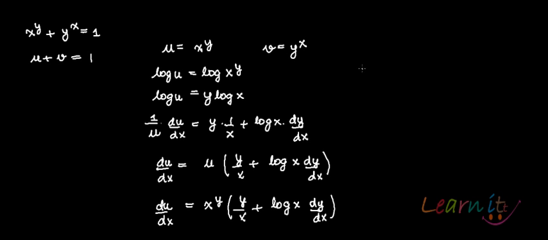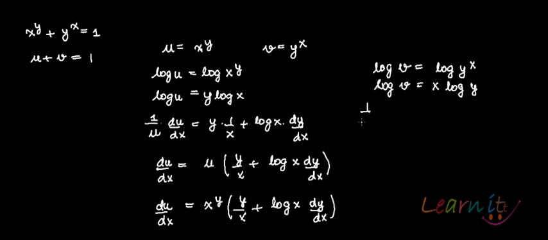Now let's look at this v. Again, taking up the derivatives, log of v equals log of y to the power x, which you can also write as log of v equals x log of y.